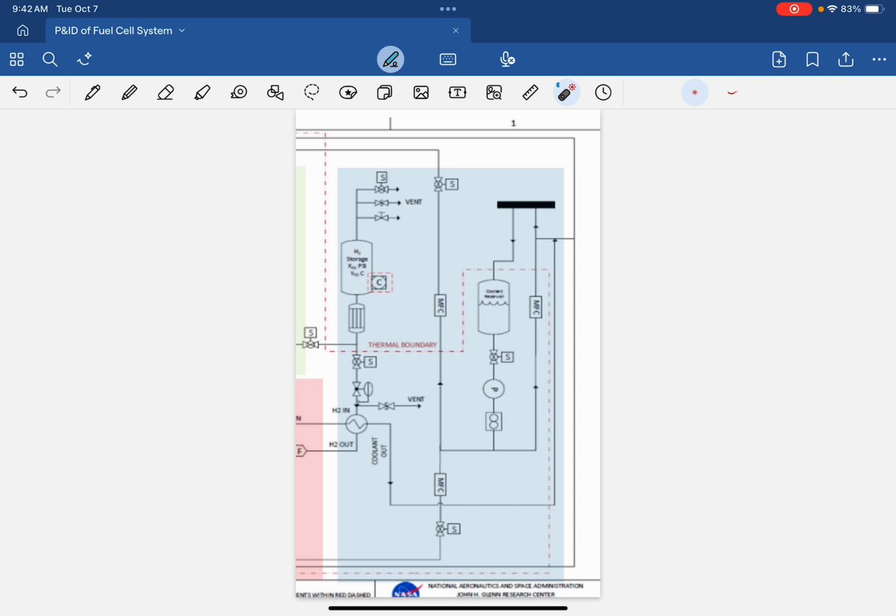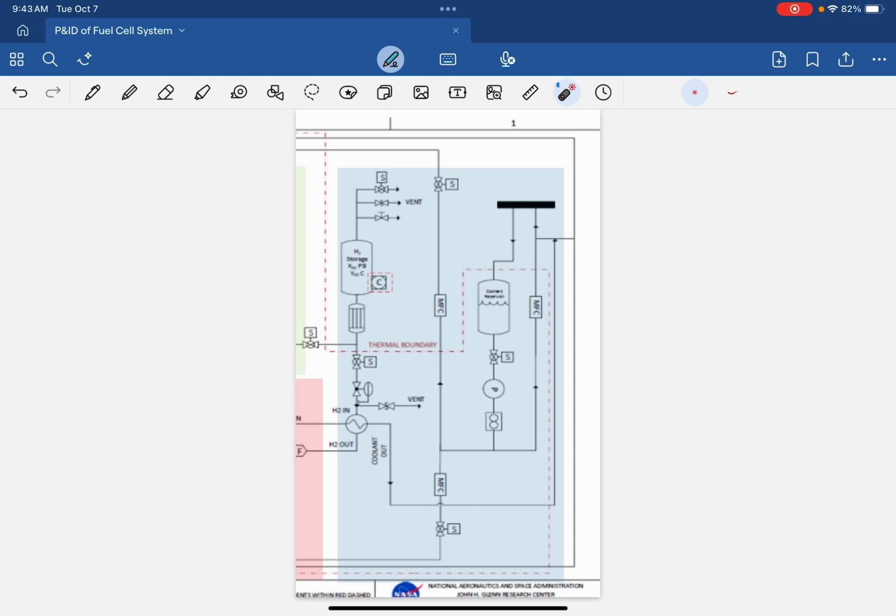If this valve is open, which is a relief valve again, and the pressure is too high, it's going to vent out and lose pressure so that it's able to be handled properly.